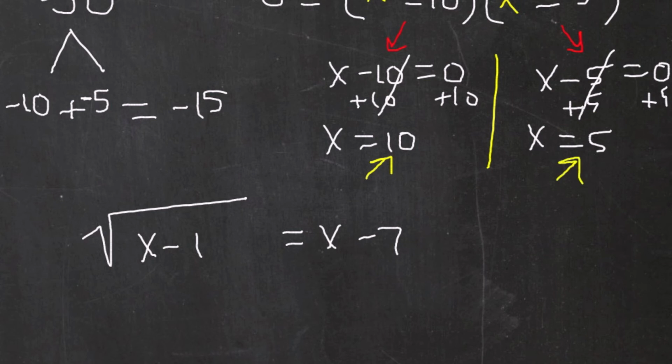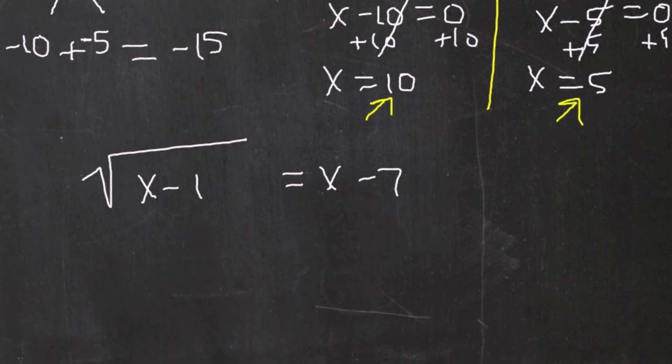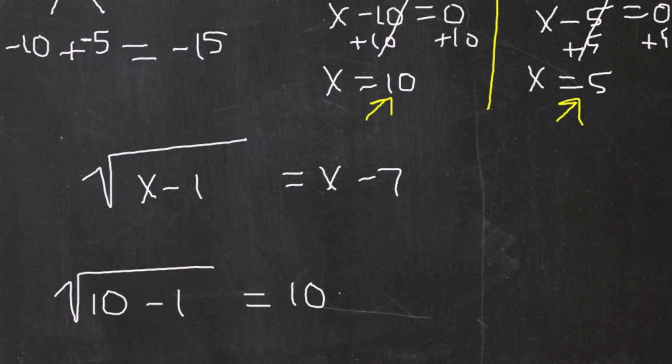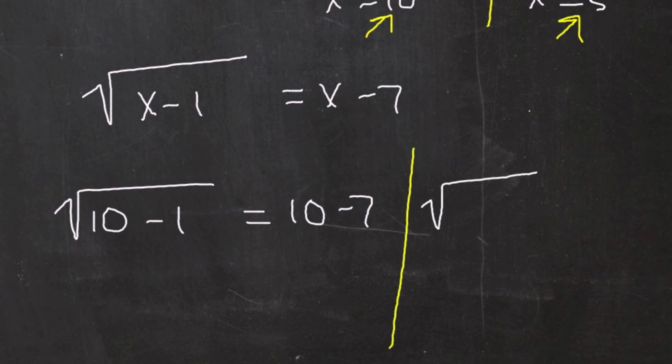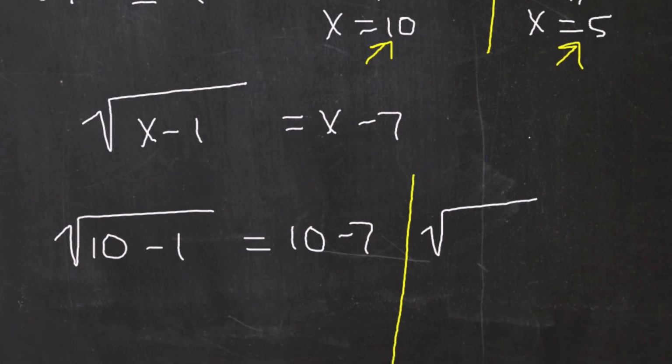Let's test out the 10. So this x would become 10 minus 1 equals 10 minus 7. And on the other side, I'm going to write the square root, and now use the 5. So it's going to be 5 minus 1 equals 5 minus 7.